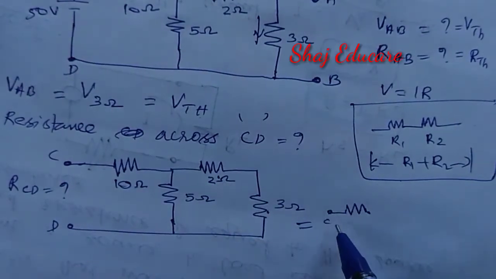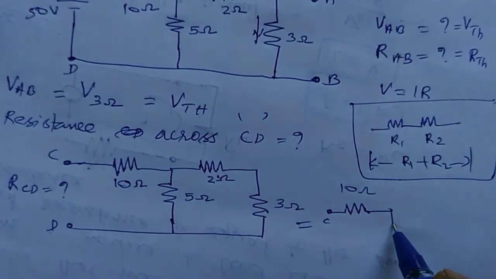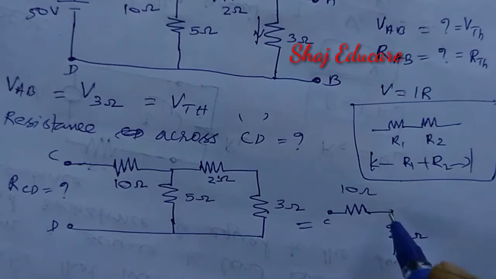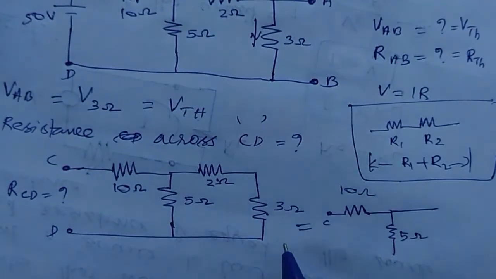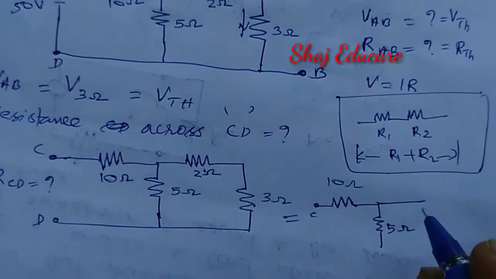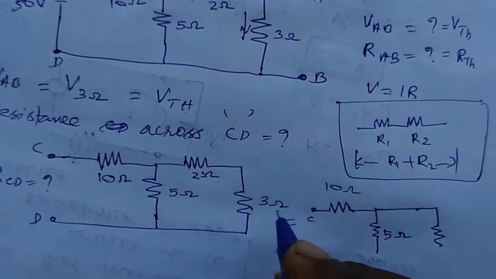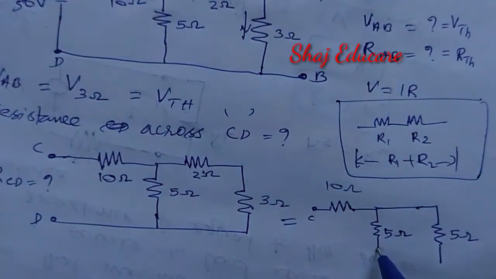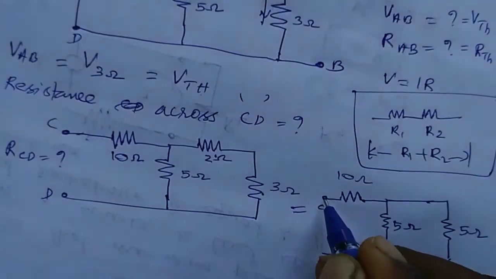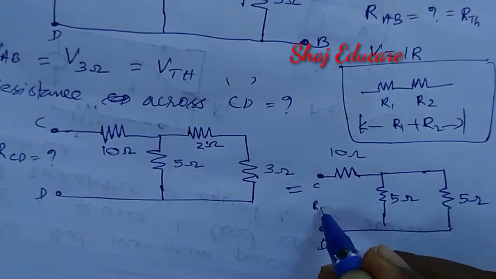This is point C, a 10 ohm resistance, then a 5 ohm resistance, and now I am going to replace these two series resistances with the corresponding equivalent resistance. 2 and 3 in series, therefore total will be 2 plus 3 gives 5 ohm resistance. Now let us complete the circuit. C, and this is D, and we have to evaluate RCD.